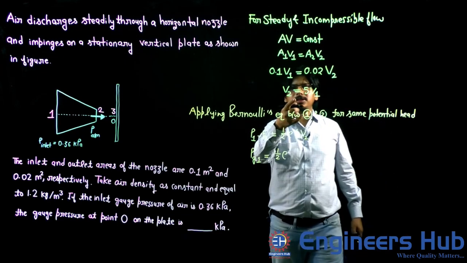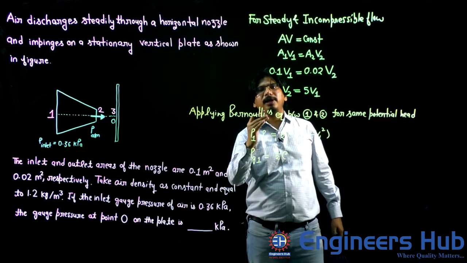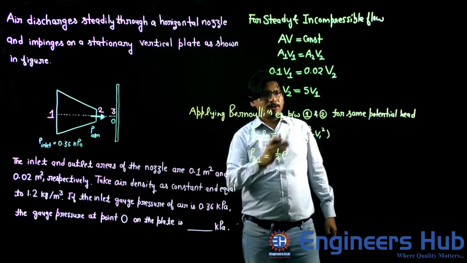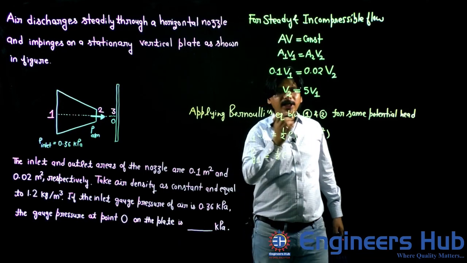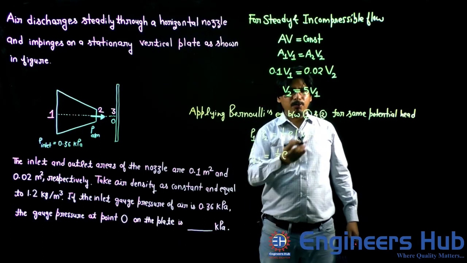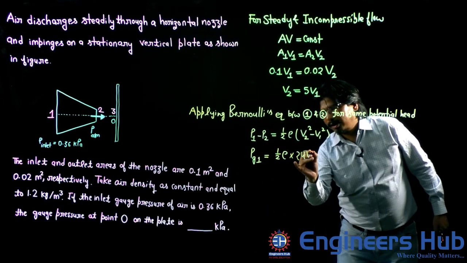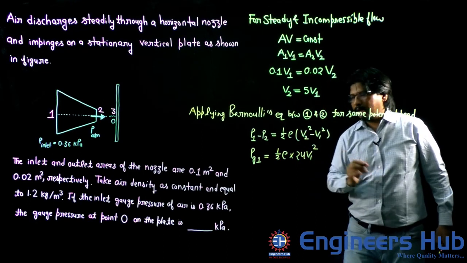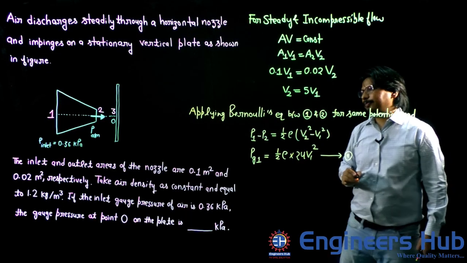Just now we have seen from the continuity equation that V2 is 5 times V1. So V2 square will be 25 V1 square, and 25 V1 square minus V1 square gives us 24 V1 square. Let me say this is equation number A.